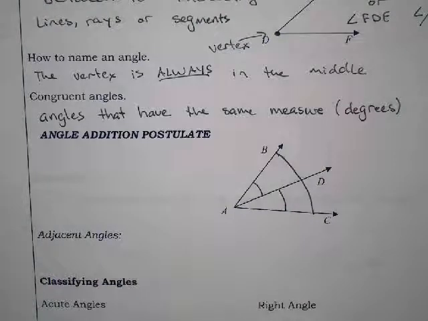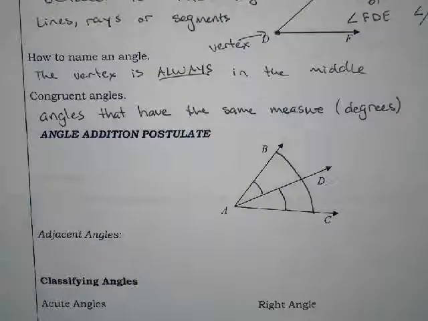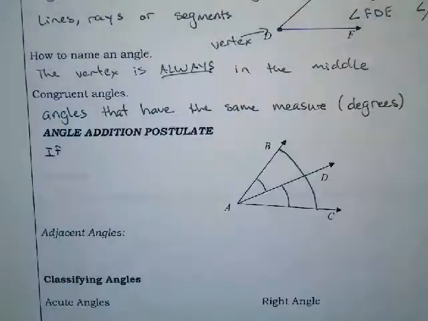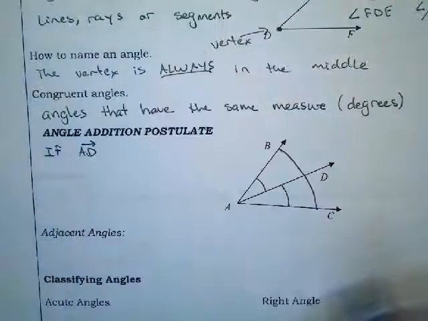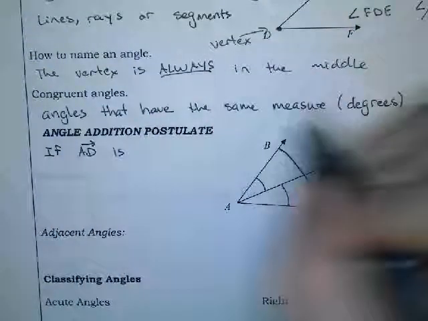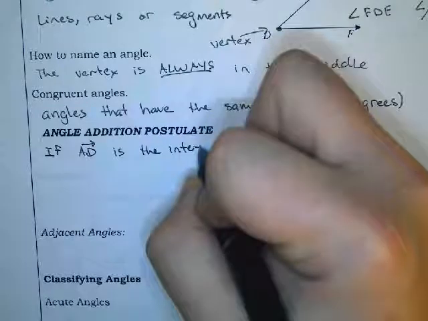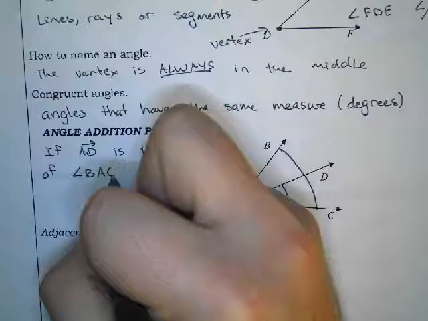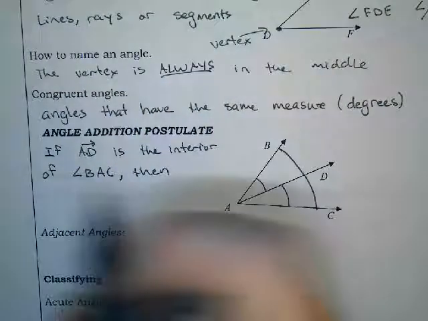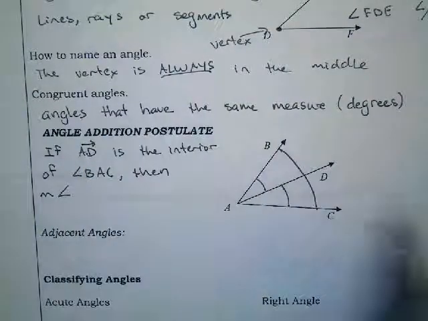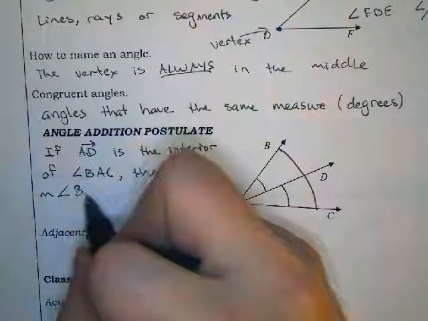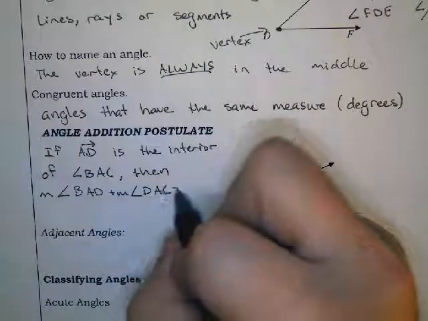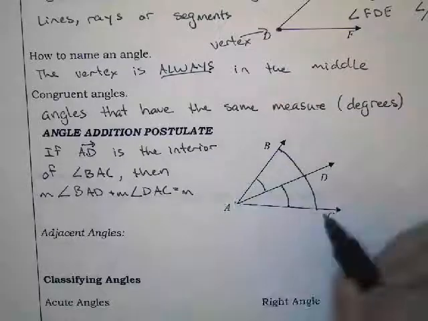So, if ray AD is the interior of angle BAC, then measure of angle BAD plus measure of angle DAC is equal to the measure of angle BAC.